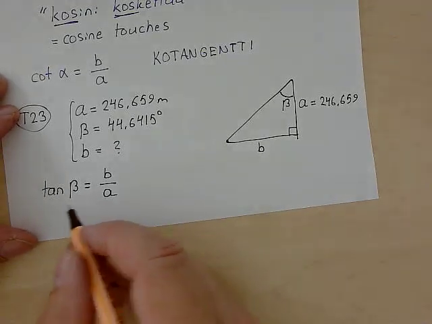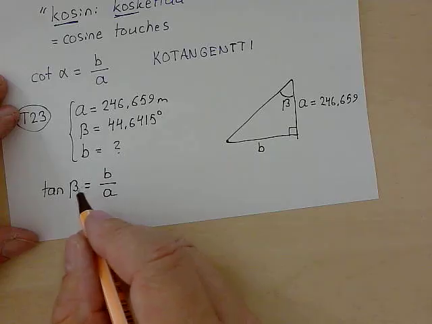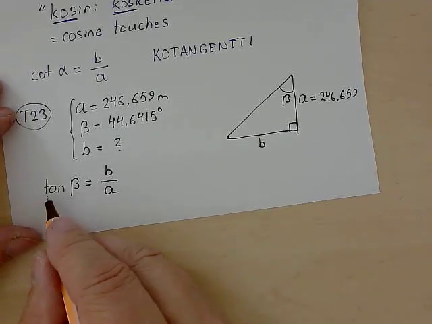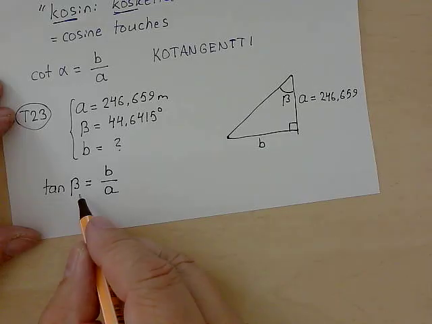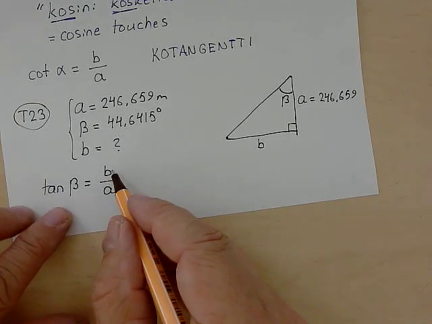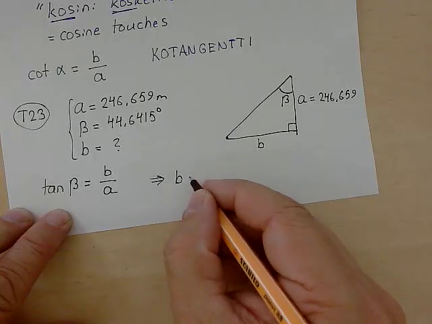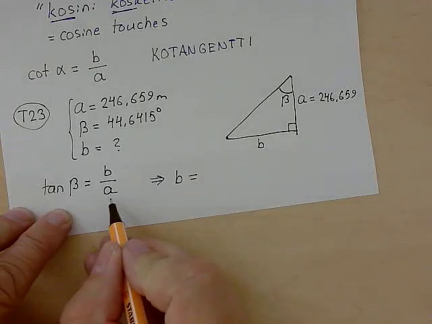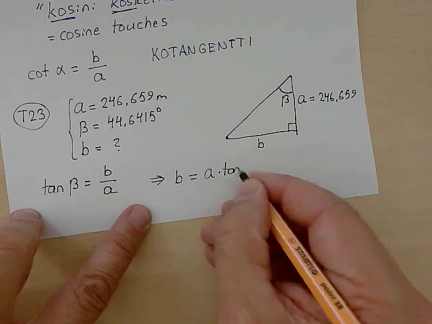You may think that there is 1 below this tangent beta, so we multiply B with 1, so it becomes simply B, and then we multiply these, so we get A times tangent beta.